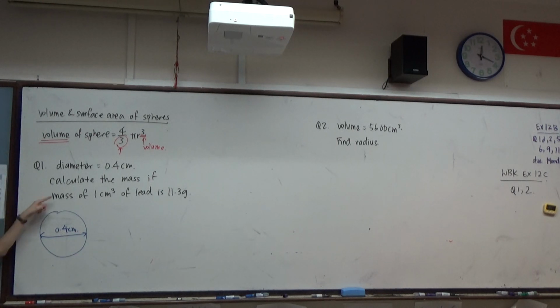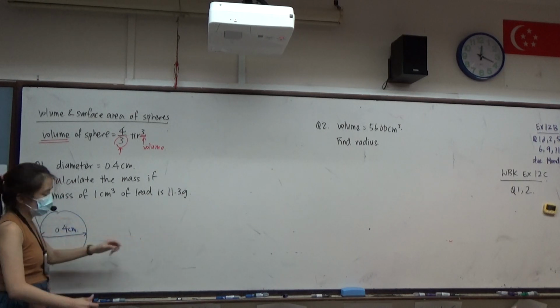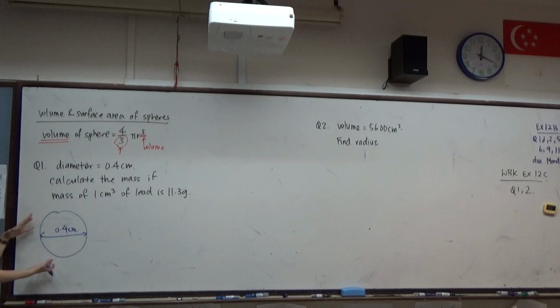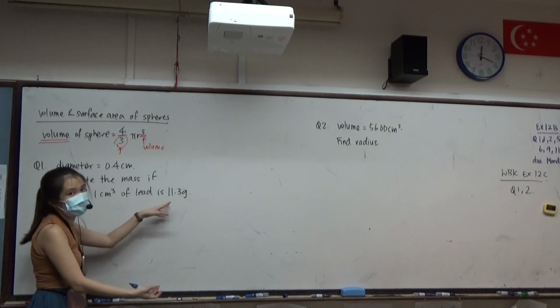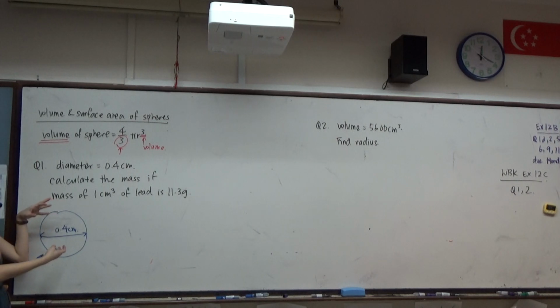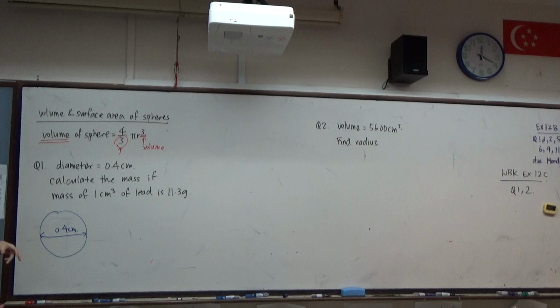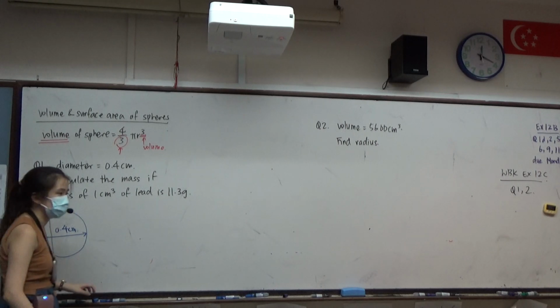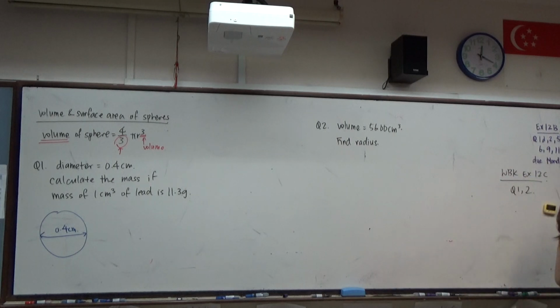The question says 1 cm cube gives you 11.3 grams. If you can find out the volume of the sphere, you will be able to find out how many grams it is, because 1 cm cube of volume will weigh 11.3 grams. You understand? This concept is the idea of density.